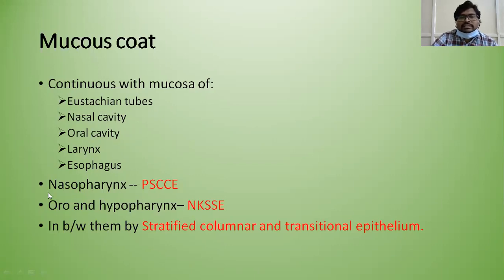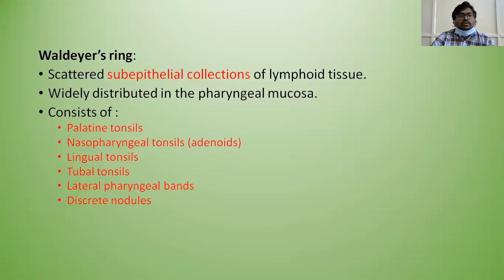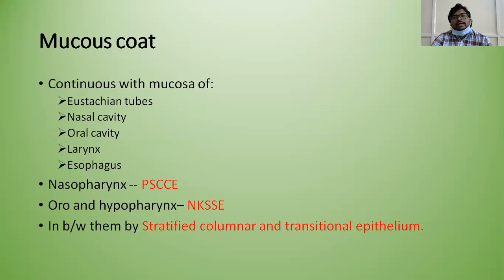In the nasopharynx, the lining epithelium is pseudostratified ciliated columnar epithelium. In the oropharynx and hypopharynx, it is non-keratinized stratified squamous epithelium. Between them, in the transitional zone, the epithelium is stratified columnar and transitional epithelium. This mucosa has some special structures.